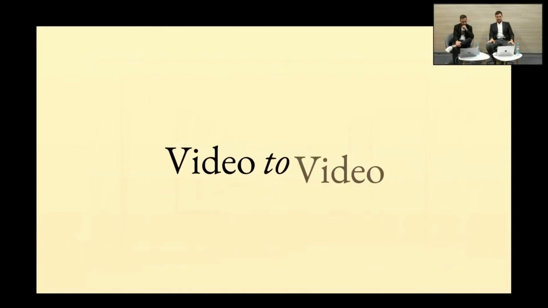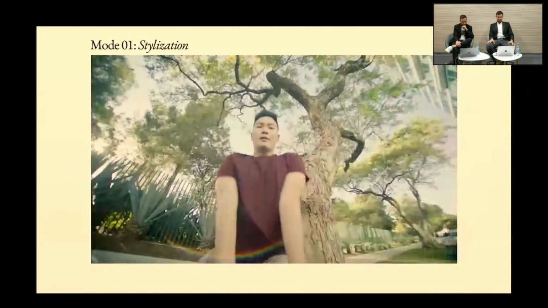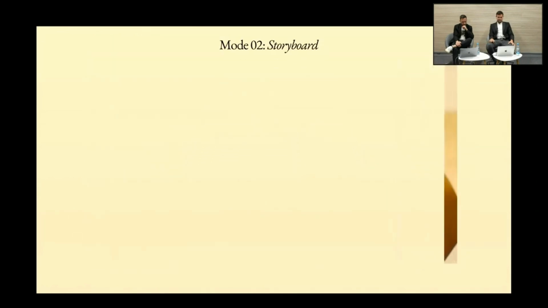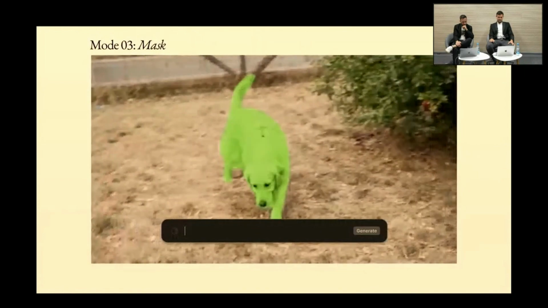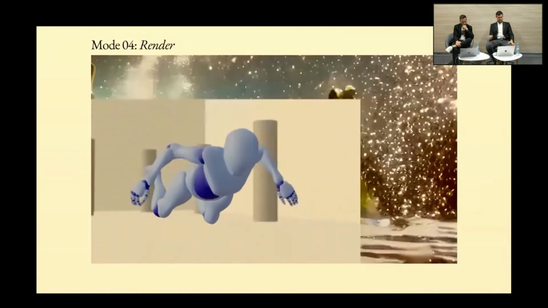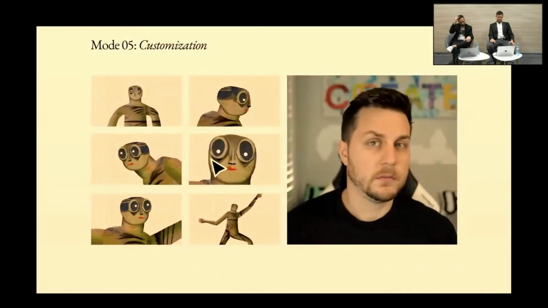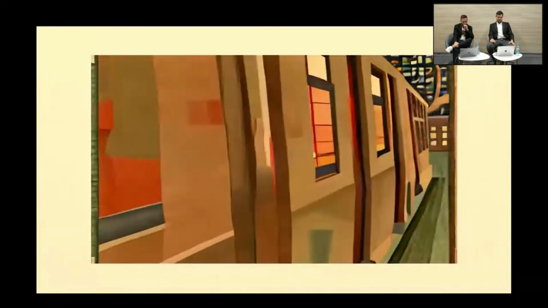We call this approach video to video, and we're incredibly excited to share a few early use cases. Stylization mode. Transfer the style of any image or prompt to every frame of your video. Storyboard mode. Turn mockups into fully stylized and animated renders. Mask mode. Isolate subjects in your video and modify them with simple text prompts. Render mode. Turn untextured renders into realistic outputs by applying an input image or prompt. And customization mode. Unleash the full power of Gen 1 by customizing the model for even higher fidelity results. Gen 1 represents a pivotal step forward in generative AI, one that brings us meaningfully closer to realizing the future of storytelling.